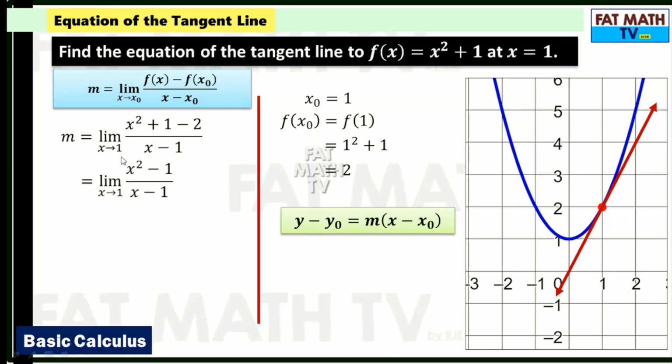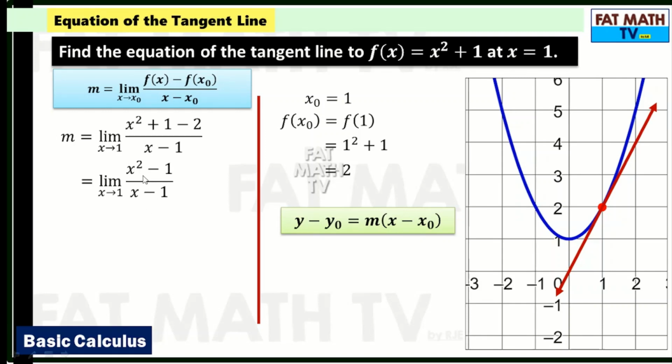If you simplify the numerator, 1 minus 2 is negative 1. You will apply your technique in solving indeterminate form of type 0 over 0, because if you substitute 1 directly to x, you will have 1 squared minus 1, that's 0, and 1 minus 1 is also 0. So 0 over 0.